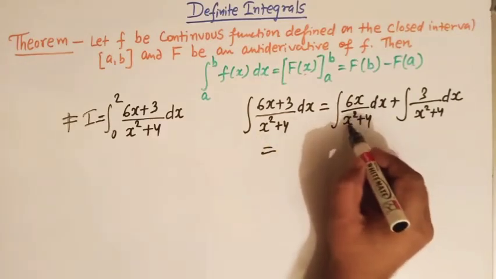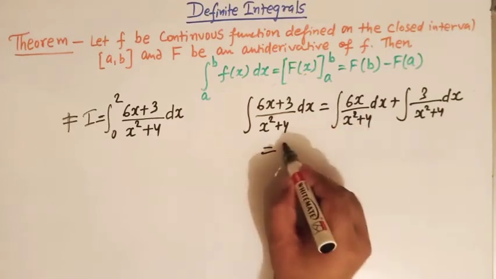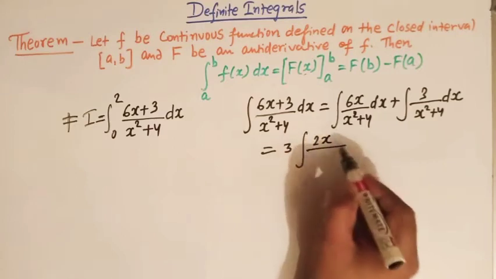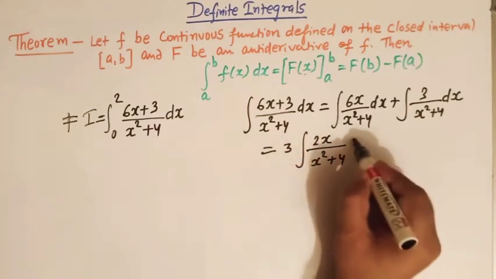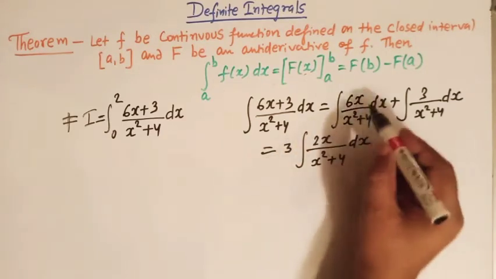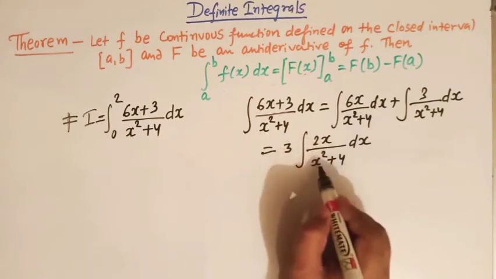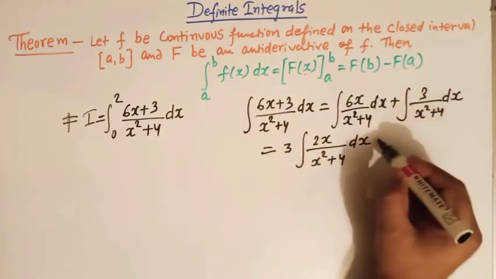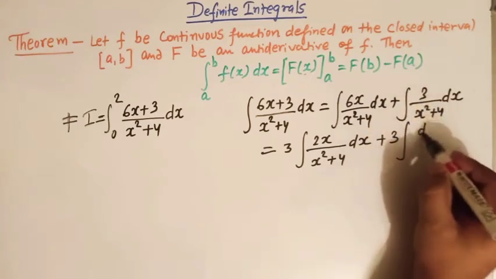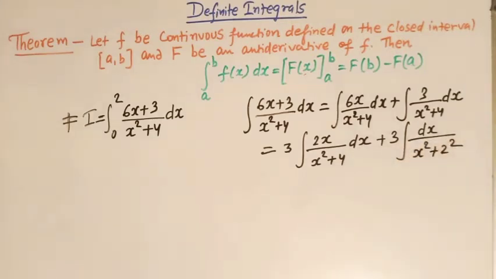Now here this integral can be written like this, 3 times 2x over x square plus 4, because 3 2s are 6x, so I have written 6x like 3 times the integral of 2x divided by x square plus 4. And here let us take 3 common, and we have dx over x square plus 2 square, right?